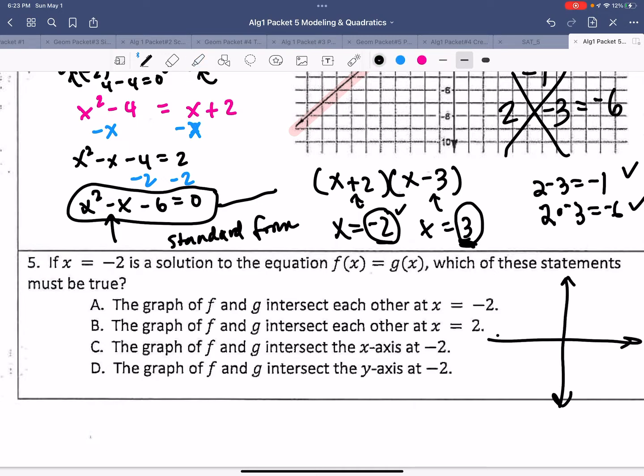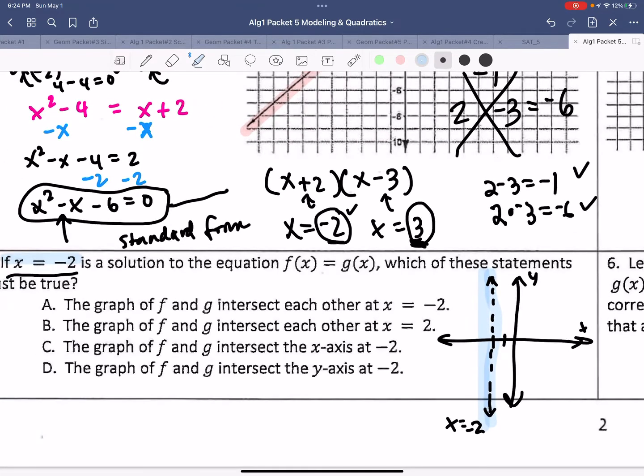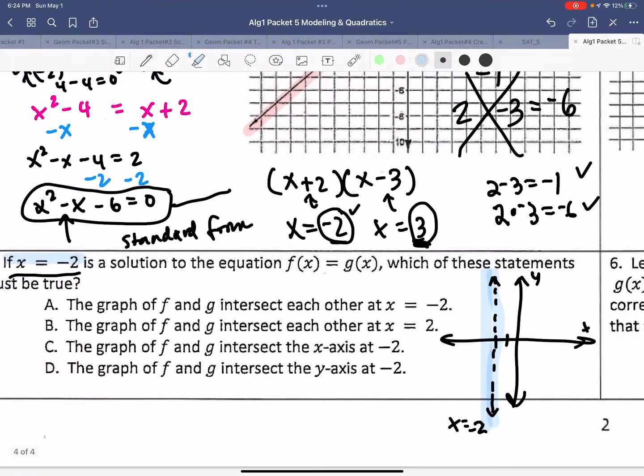So this is an x and y axis. This is y and x. X equal -2 would be parallel to the y axis over here. This is where the values are for x equal -2. Okay, so this is x equal -2.